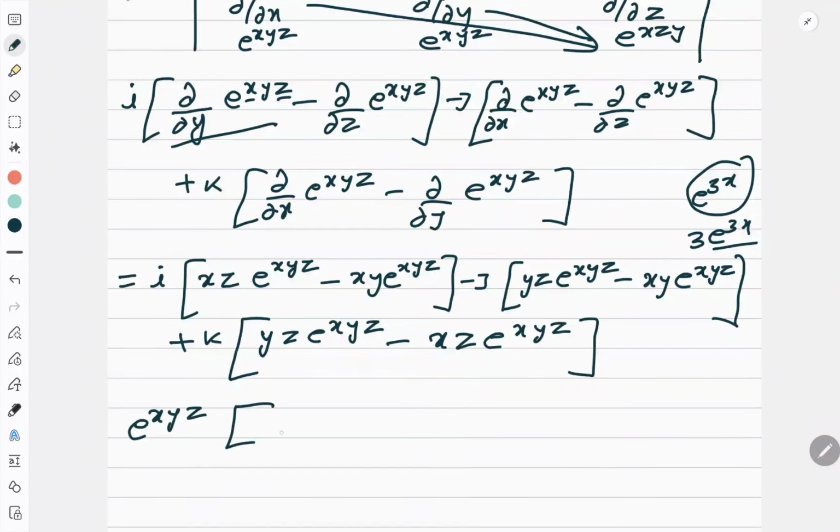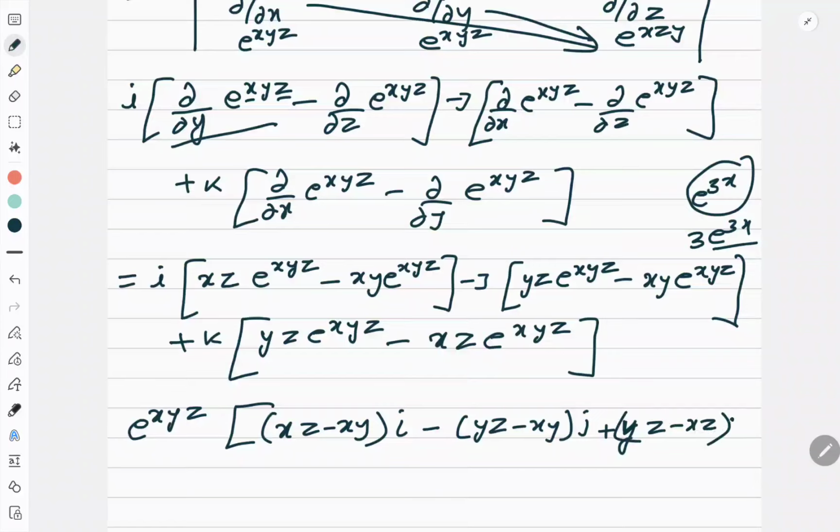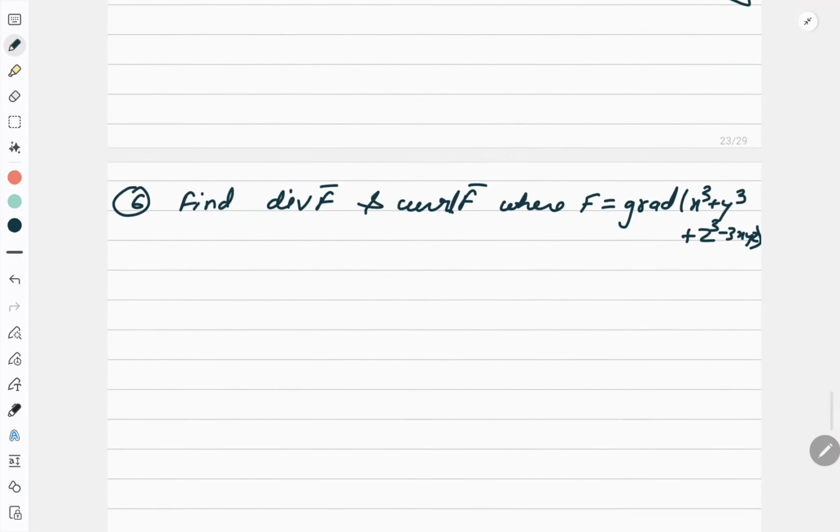So you are left with (xz minus xy) i minus (yz minus xy) j plus (yz minus xz) k. That's it. This is the answer. Easy? Now let's move to the next question.